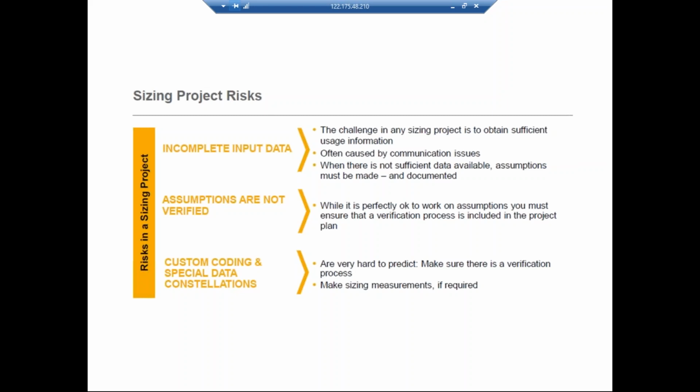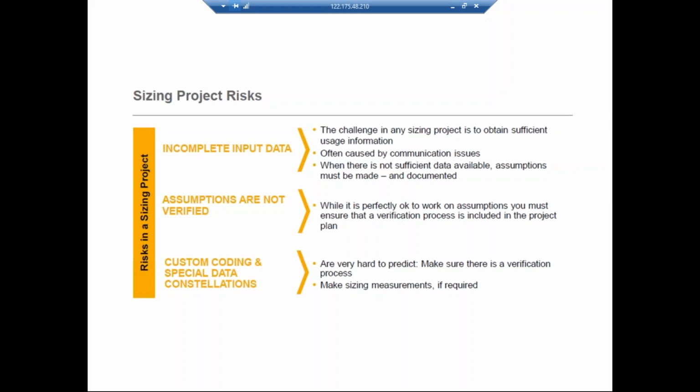Usually it is affected by, and often caused by, communication issues. In such cases, because we don't have sufficient data available, usually you rely on assumptions. You make some assumptions and you try to rely on them.